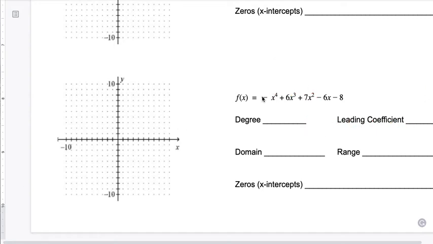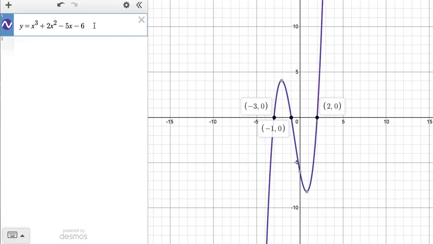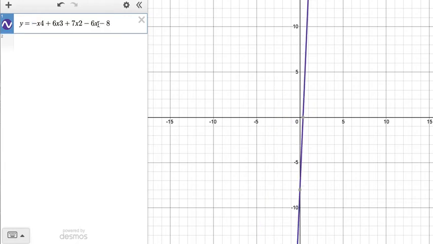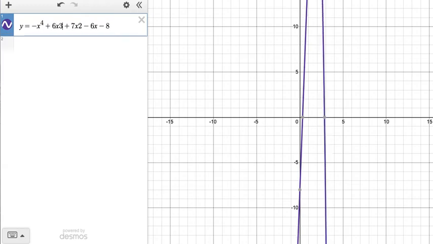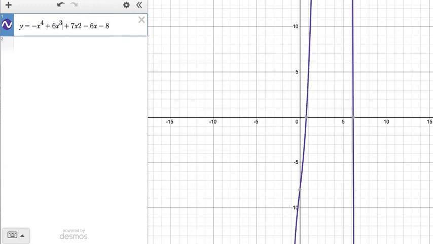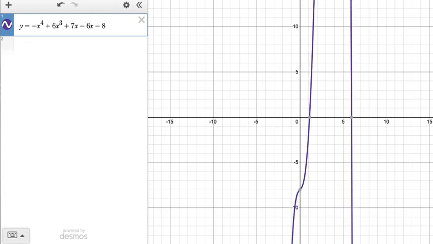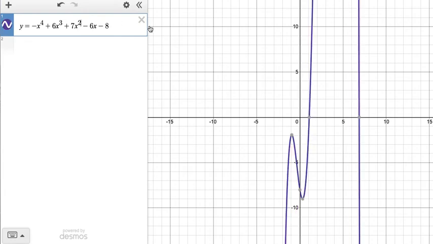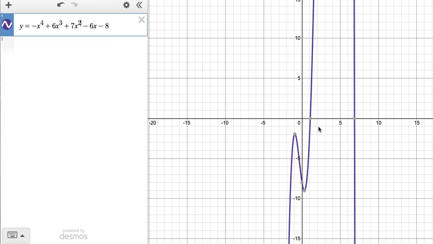Okay, so we're going to grab this equation once again, and fix the exponents on it when we plug it into Desmos. Right, it's a much more interesting looking graph.